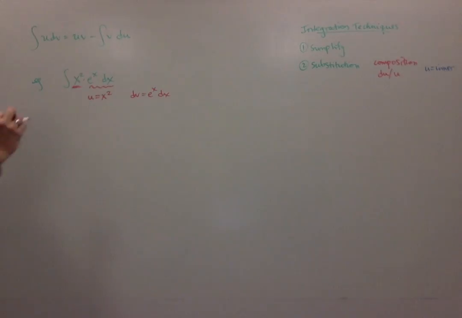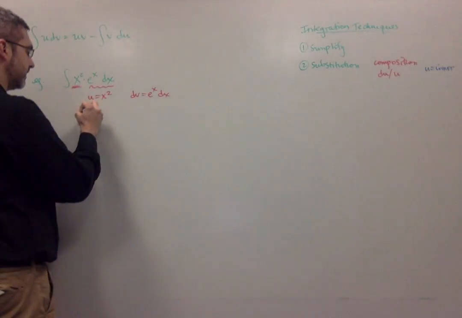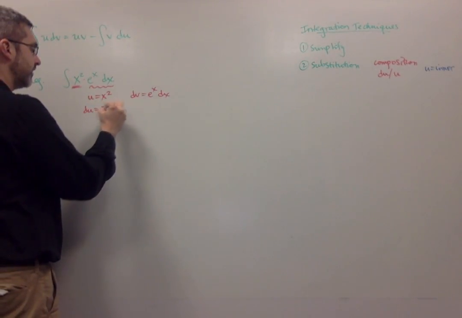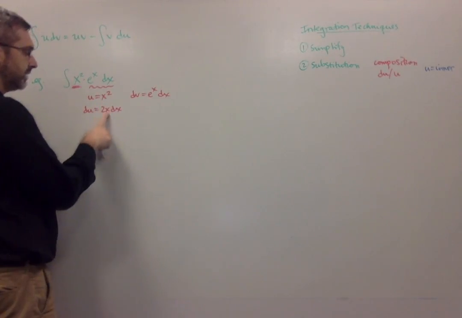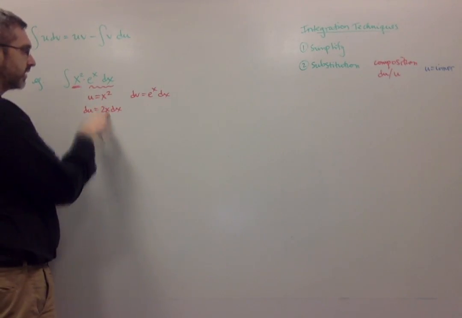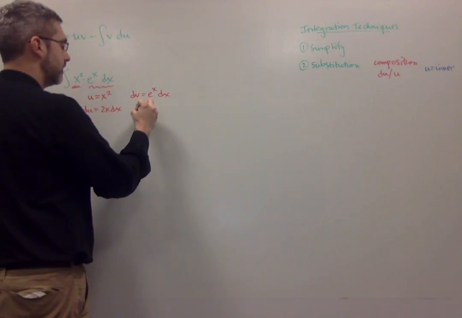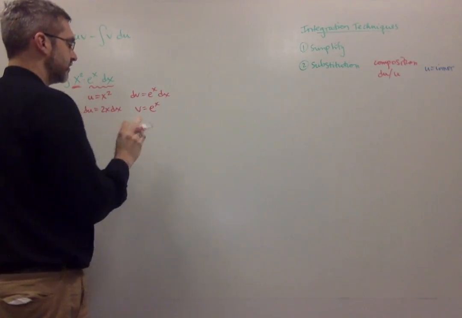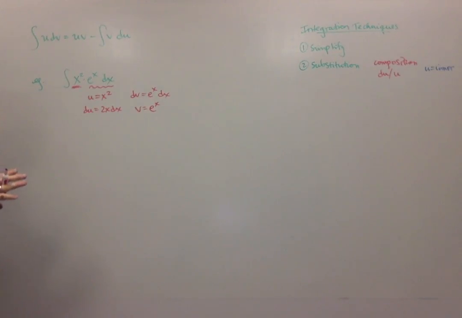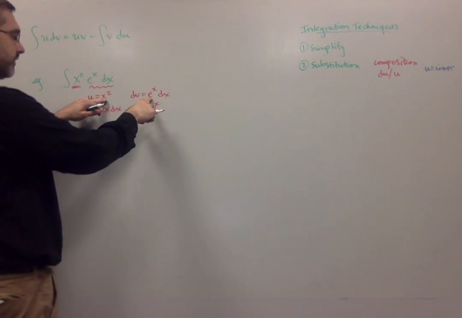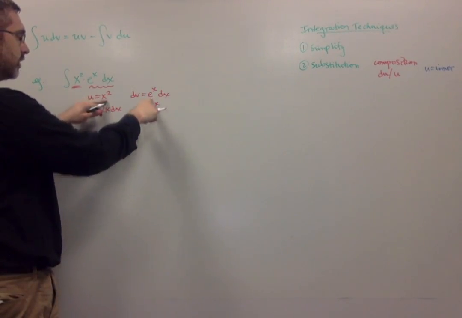The reason is, in my head, I'm thinking that when I differentiate, the x squared becomes basically an x, which is better than x squared. It's not as complicated. But when I integrate e to the x, it's just e to the x, so it stays the same.